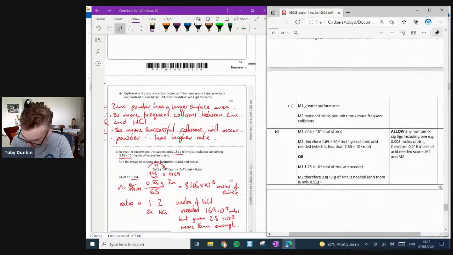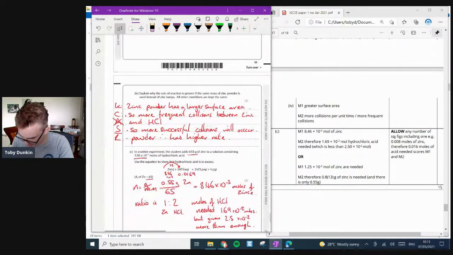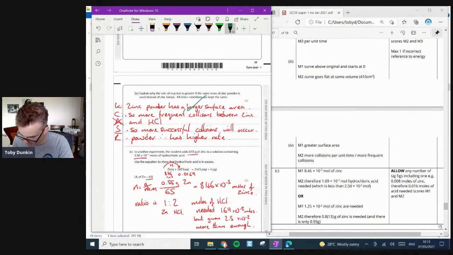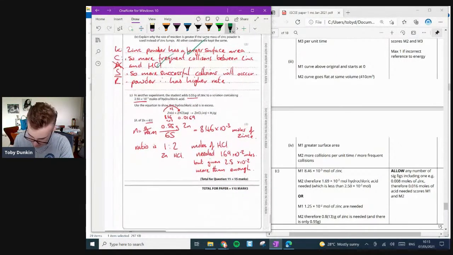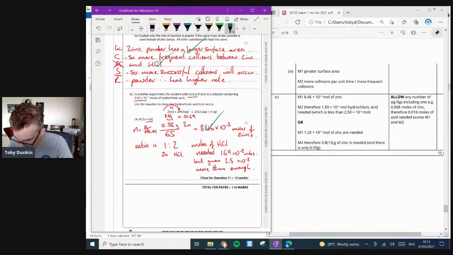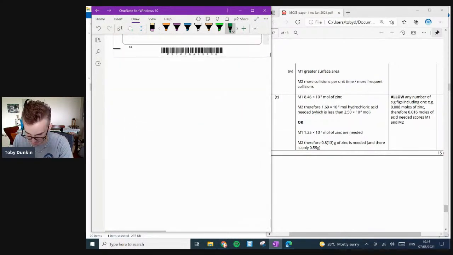Zinc powder. Where's my zinc one? Oh yeah, greater surface area, more frequent collisions. Number of moles of zinc, therefore 1.69 needed. Yeah, which is less than, it's fine.